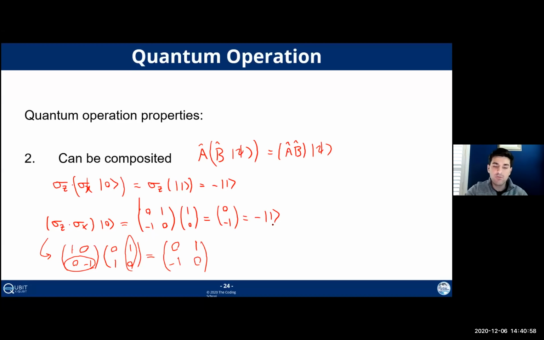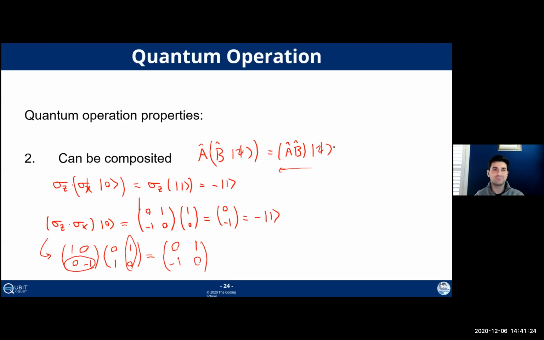Regardless of where I draw these parentheses, I get the same result out. And that is the idea that quantum operations can be composited. You can combine the two, call them a single quantum operation, and then apply it to your quantum state, or you can apply each of them individually, of course, from right to left. So B gets applied first, then A gets applied.